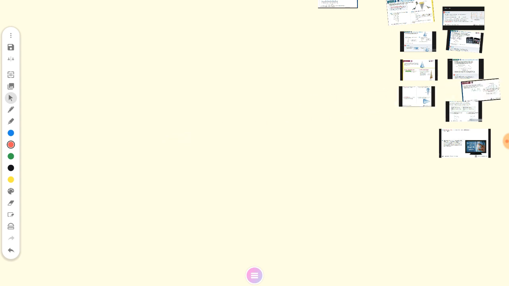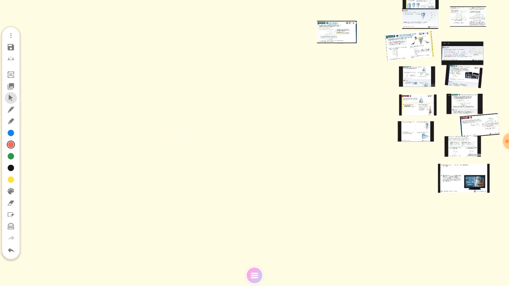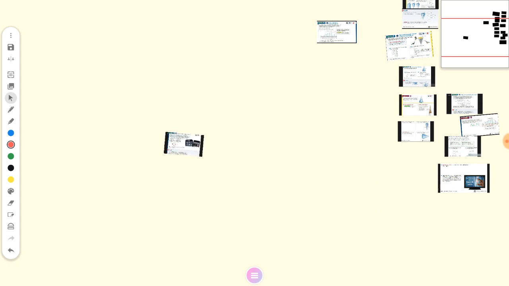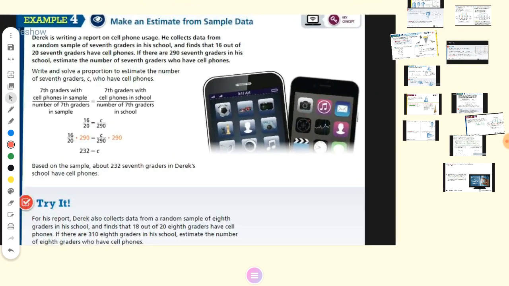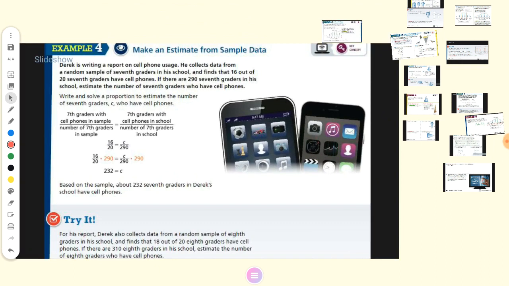Another example. How to predict a value or a number from the sample. How to predict the number of a population from a sample. Let's read this question. This example talks about Derek, who is writing a report on cell phone usage.